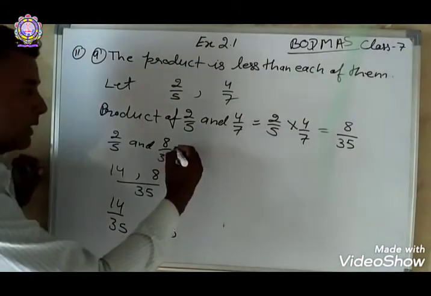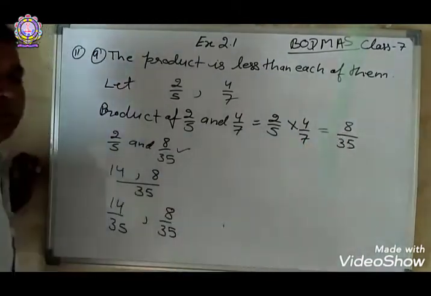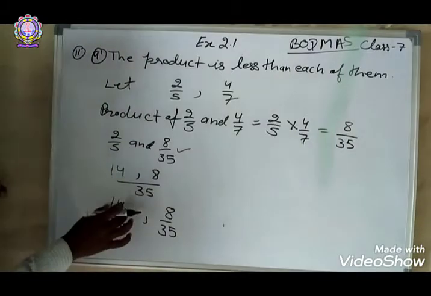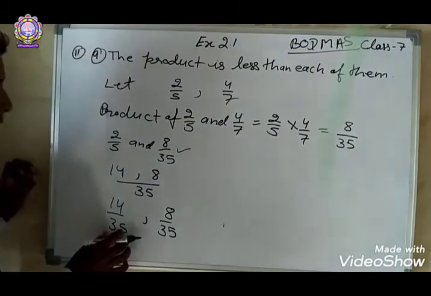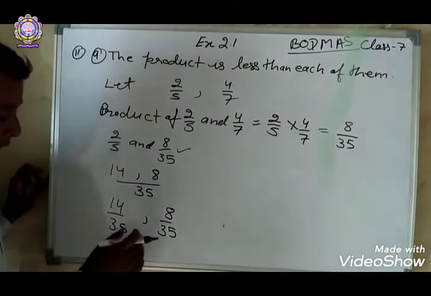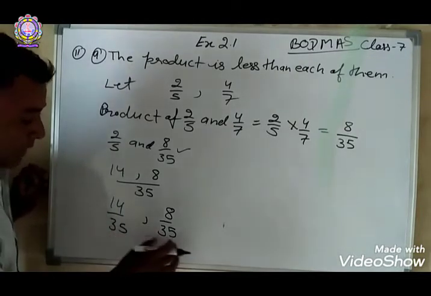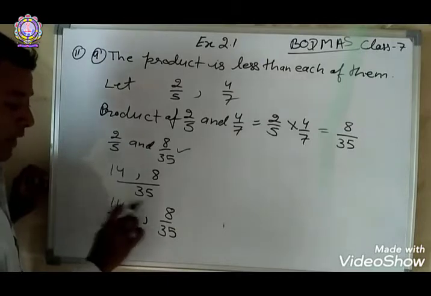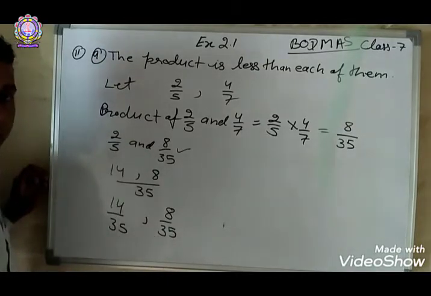So this is the product of the two given fractions, and 14 upon 35 is the equivalent fraction of 2 upon 5. Now check. The denominator is the same, 35, 35. So now, 14 and 8, which is greater?